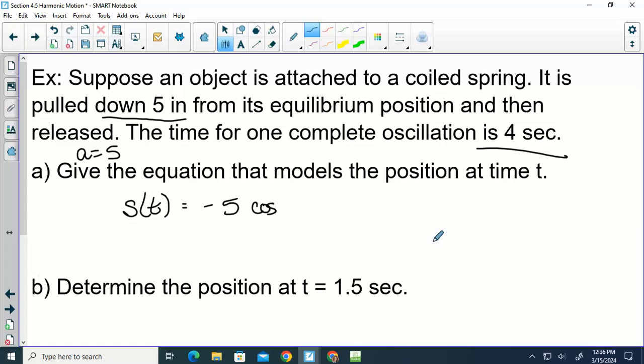All right, we're almost done. Now, what does the 4 represent? It's the time for one oscillation, the period. Period is found by doing 2 pi divided by the coefficient of t, which in this case we usually call omega. So 2 pi over omega equals 4.